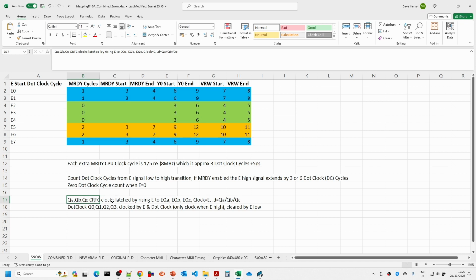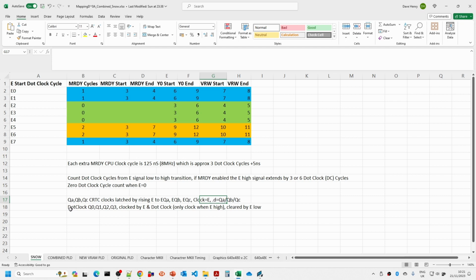We're going to be latching those when the E signal goes from low to high, and they're going to be known as EQA, EQB, EQC. So we're using E as the clock, and the PLD configuration is going to use the .D register, the D type flip-flop, for QA, QB, QC.